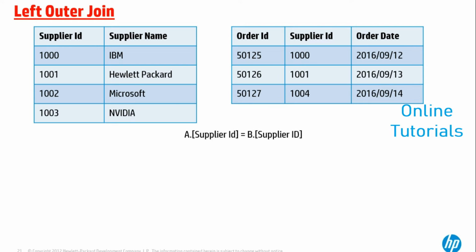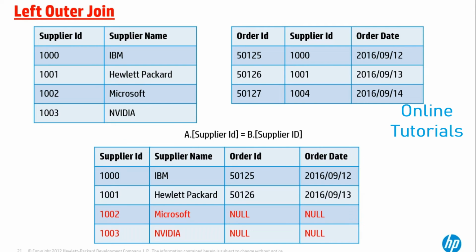So whatever you expected, it's the same: 1000, 1001, 1002, 1003, and Microsoft India. Why am I highlighting here in red color? Why are you getting nulls here? Because the order ID and the order date are not defined for 1002 and 1003.